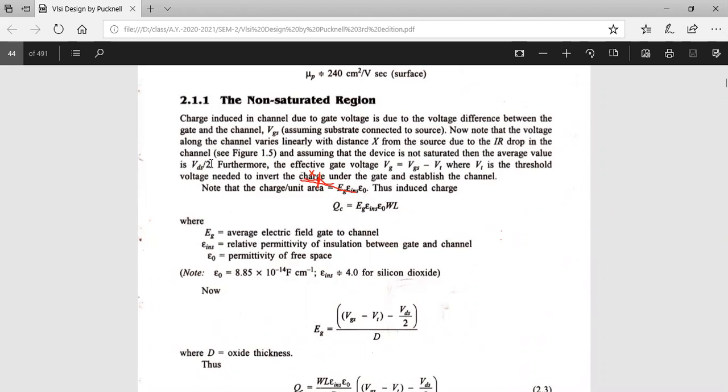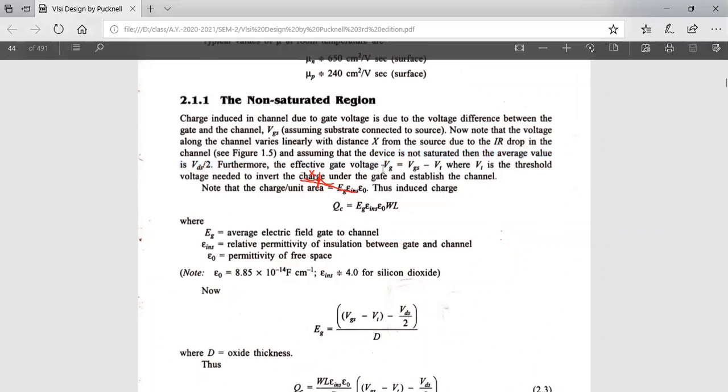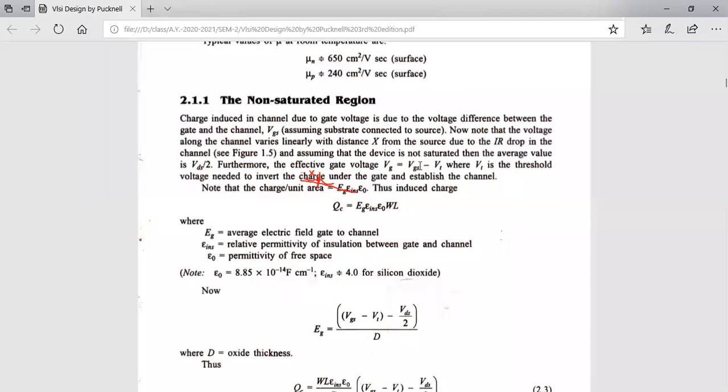Now, furthermore, we can talk about the effective gate voltage. VGS is nothing but the gate to source voltage.